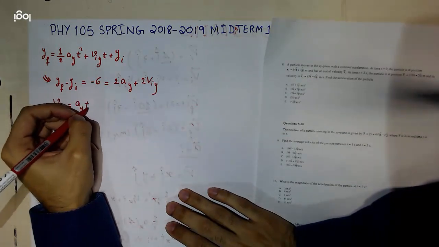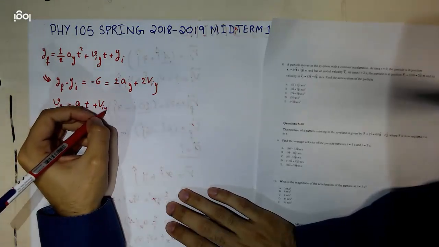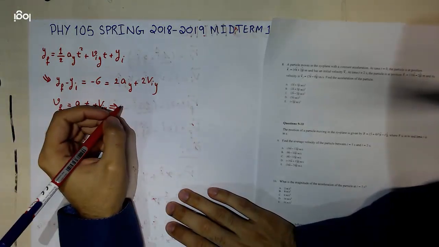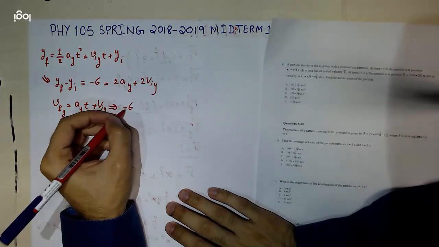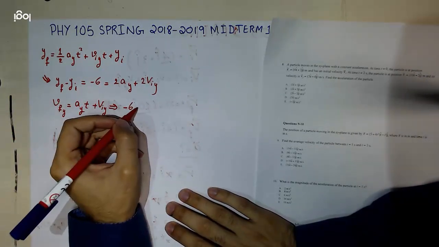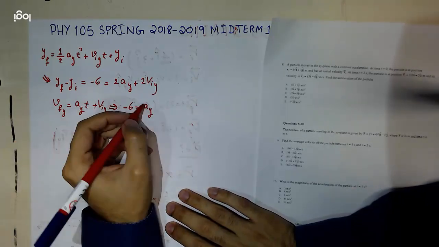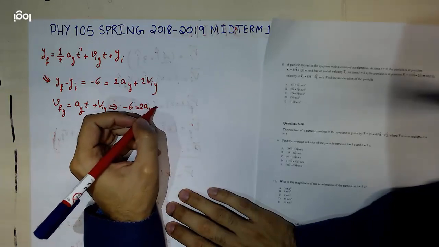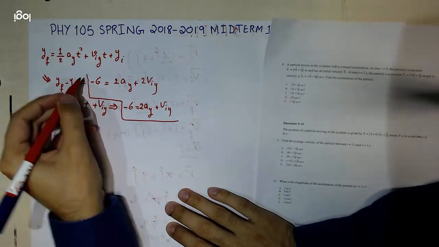Okay, now let's write the same equation that we have written for the X component. Here, V final Y is equal to -6 again, which is equal to AY, that is unknown, times 2 plus V initial Y again, which is unknown.